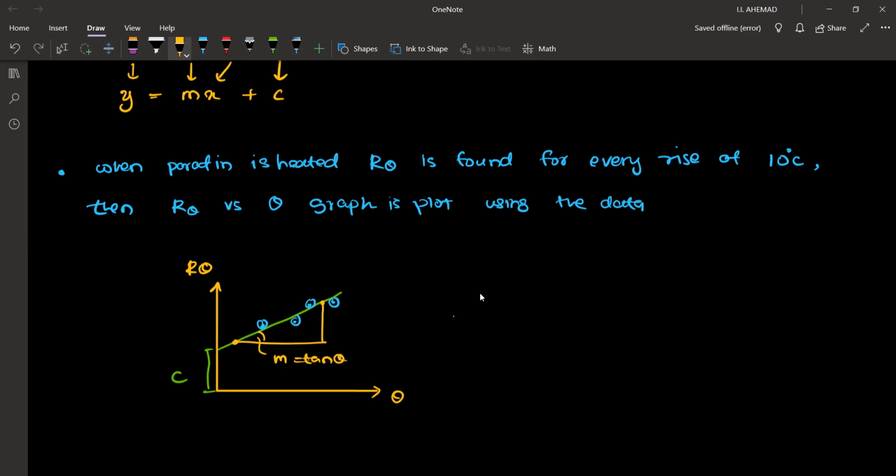So c is equal to r naught. m is equal to r naught alpha. So alpha is equal to m over c.